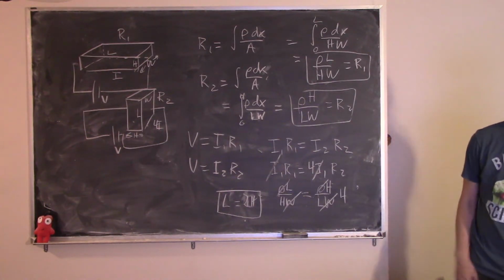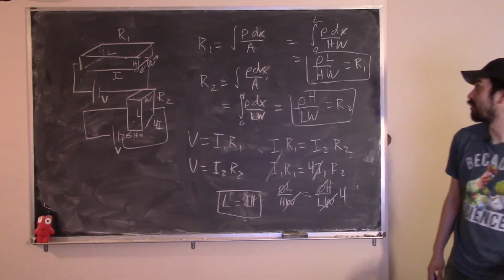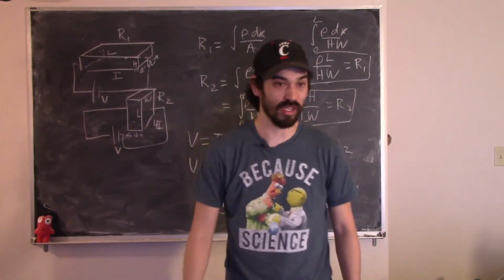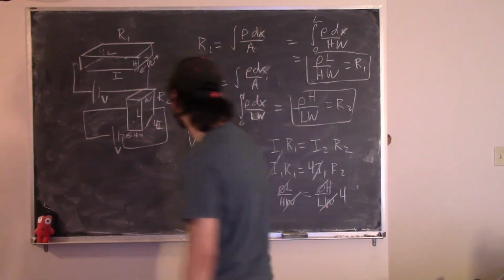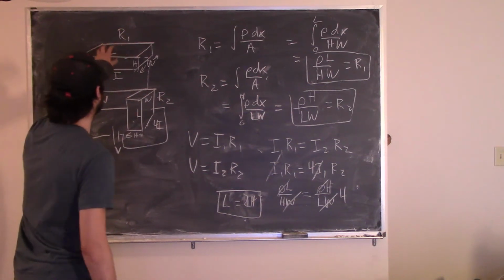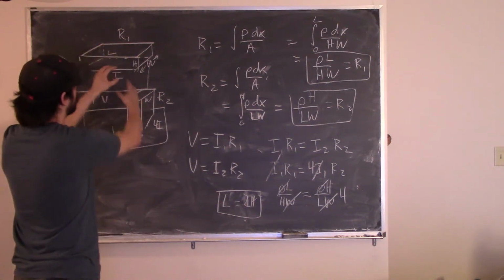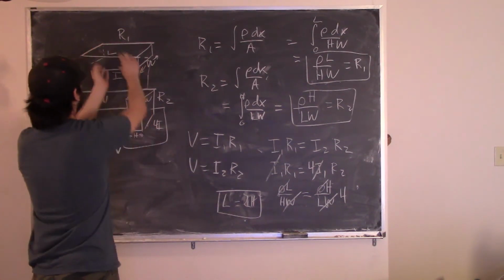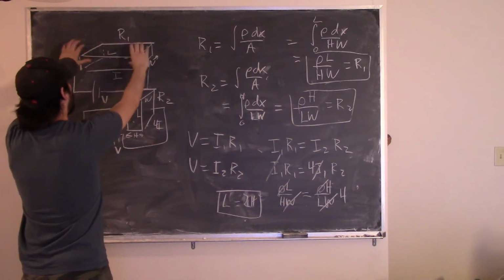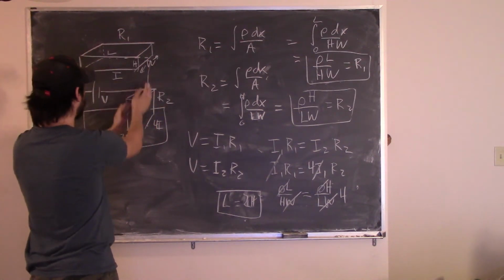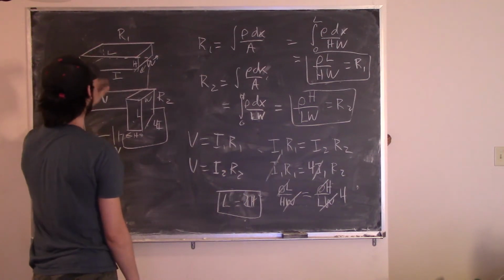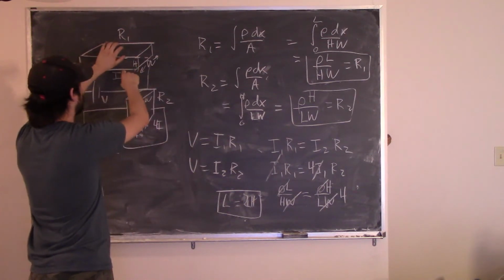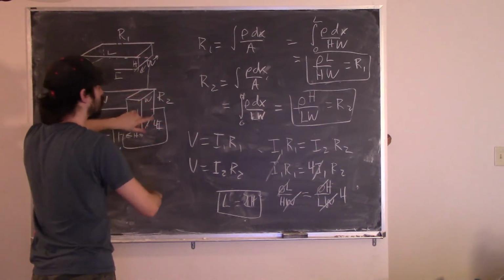But I'll give you guys a second to look at this, and I'll talk you through what I did again. So basically, we have these two slabs of resistivity, and it's actually the same slab. It's just whether it's in this horizontal orientation or this vertical orientation. And so what we wanted to do is calculate what the resistance is in this orientation and this orientation.